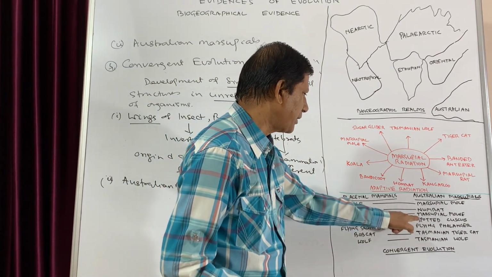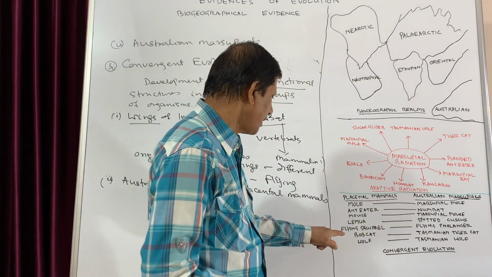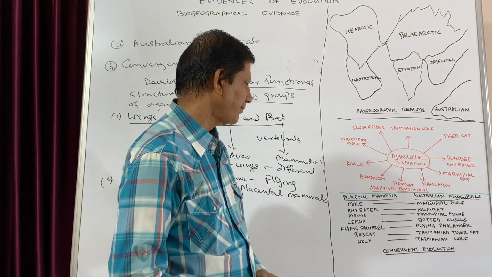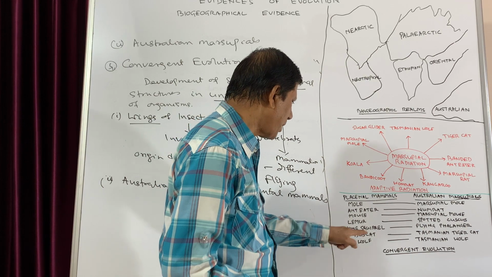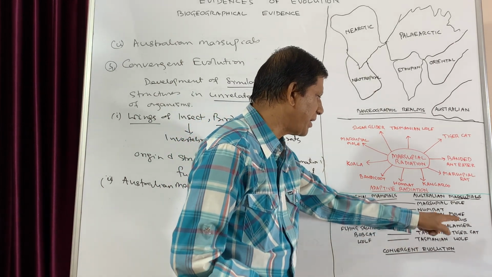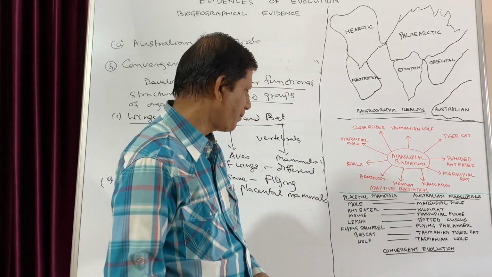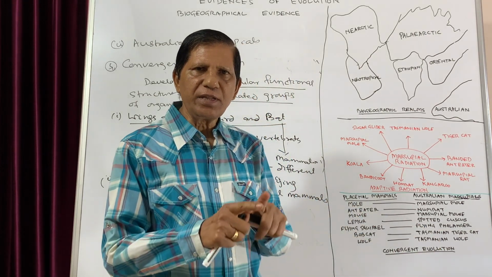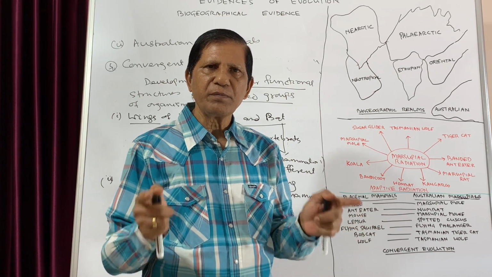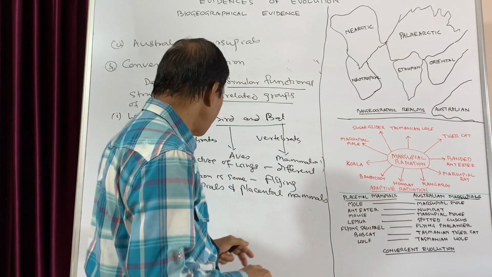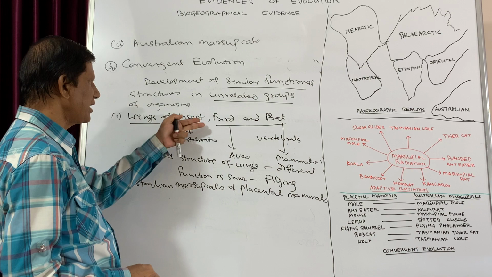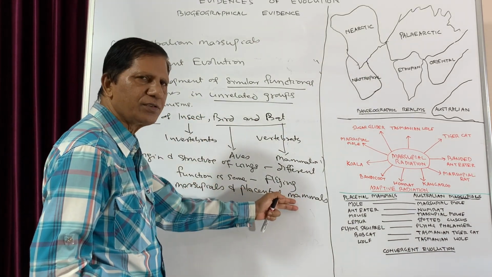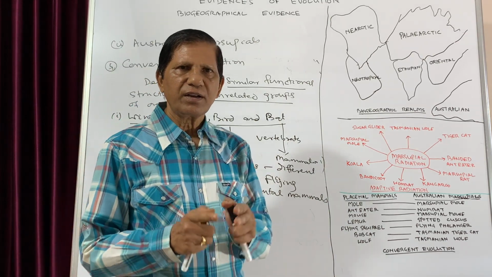Lemur and spotted cuscus. Flying squirrel and flying phalanger. Then the bobcat and the Tasmanian tiger cat. And wolf and Tasmanian wolf. Though they are completely different, the function is the same. So these are again two best examples. One is wings of insect, bird and bat. The other is Australian marsupials and placental mammals. They come under convergent evolution.